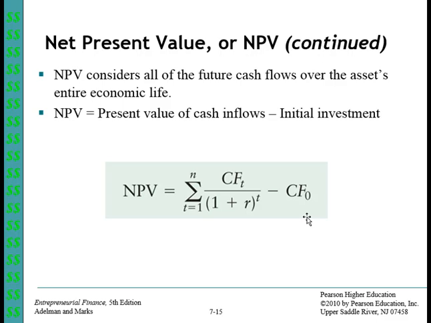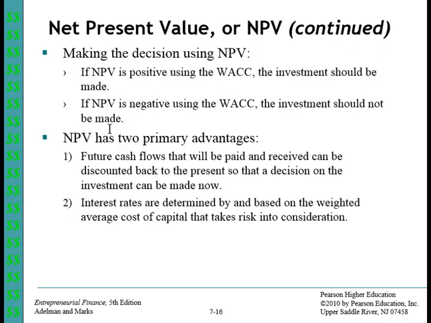If net present value is positive, then using this weighted average cost of capital, we should do this project. Why? Because the benefit to the company exceeds the cost to the company. And in the end, that net amount, who receives that?